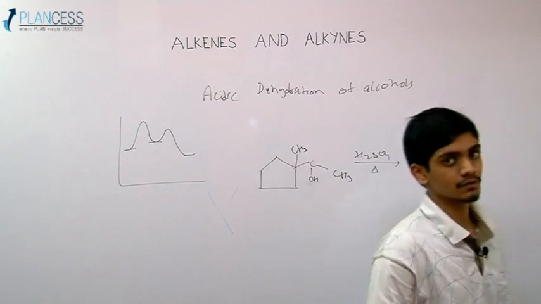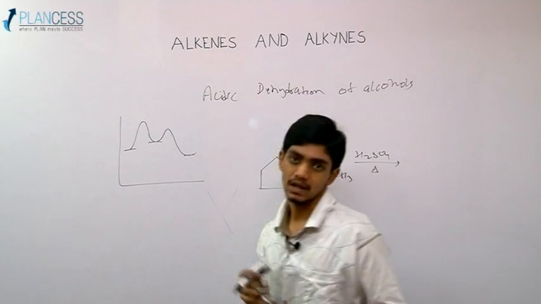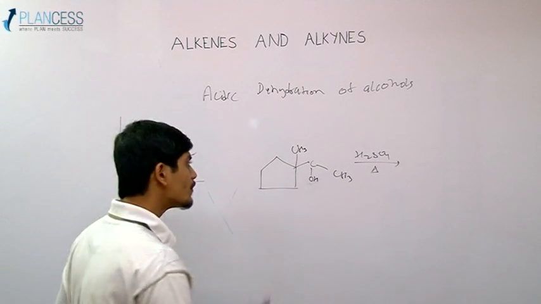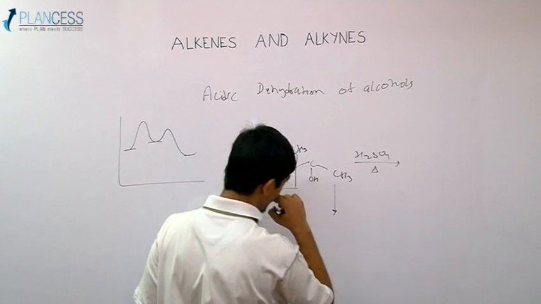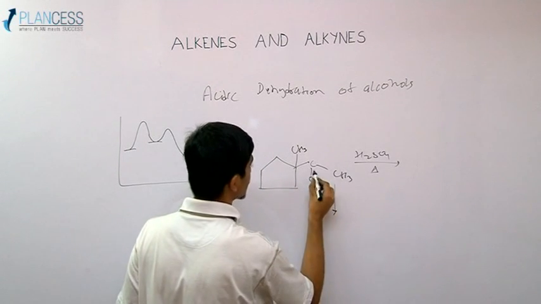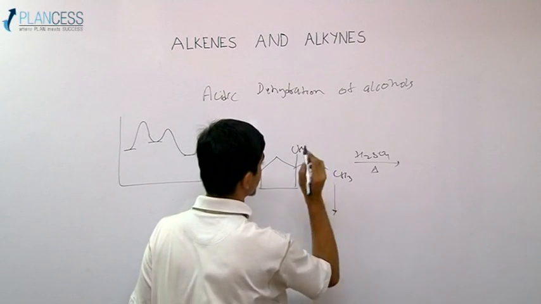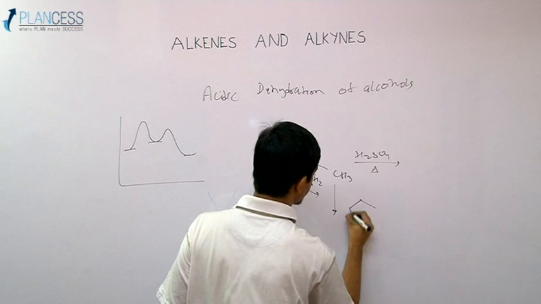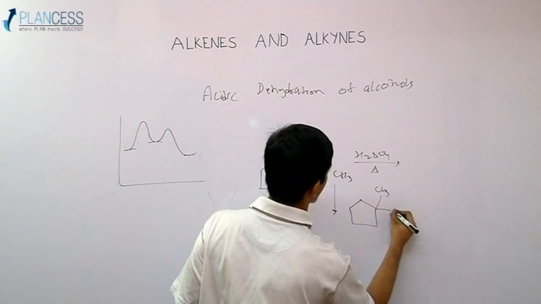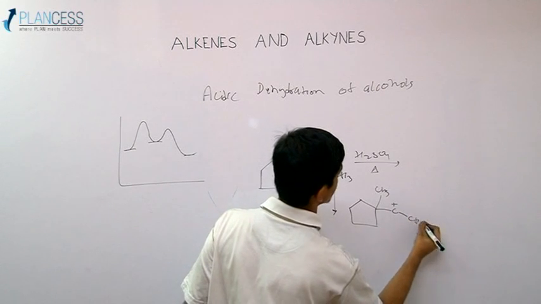Clearly this is a case of acidic dehydration of alcohols, and that means this follows the E1 mechanism. Formation of a carbocation, H plus protonates this oxygen and then this leaves as a leaving group, giving us this carbocation. So we get CH3, C plus and CH3.